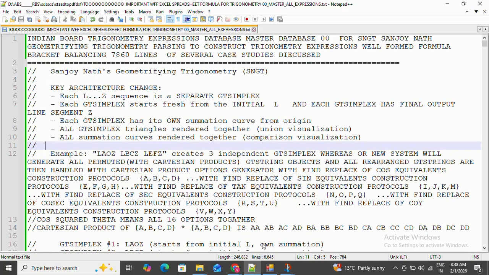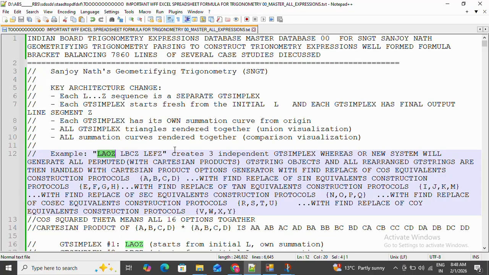Example: LAOZ, LBCZ, LEFZ creates three independent GT simplexes, whereas the new system will generate all permutations with the Cartesian product of the GT strings. These are all the strings that we are talking about here, and what we have shown on the simulator screen.